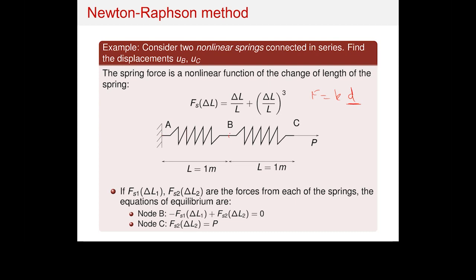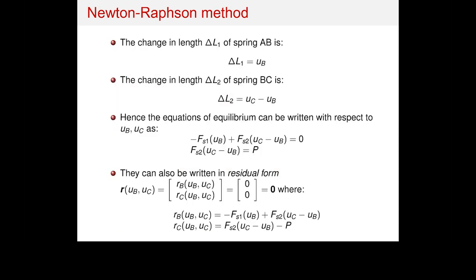So you are only left with node B and C. So at node B, you have the equilibrium of forces between the force coming from this spring and the force that is coming from this spring. And at node C, you have the force that is coming from the spring opposing the force that is applied at the spring. So this one is equal to this one. So these are the 2 equations we are going to need to solve.